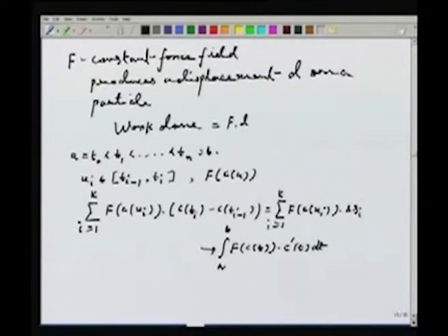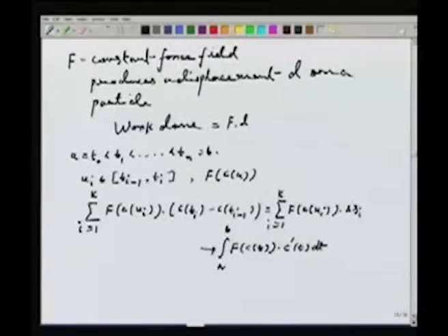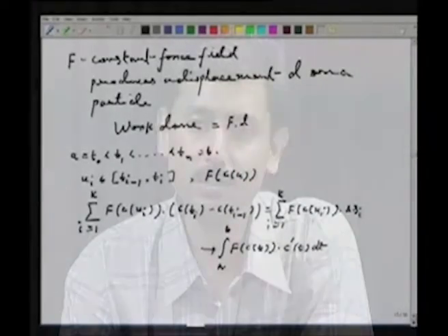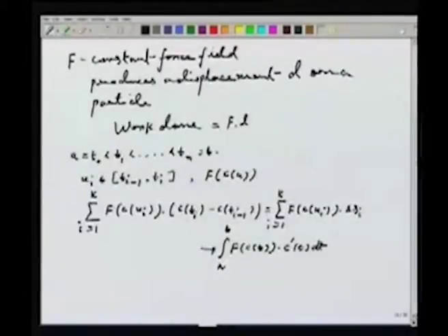It can be shown, but the proof of that is beyond the scope of this lecture, so we are not going to prove it. Let us just assume that this line integral can also be viewed as a limit of Riemann sums. Now using this, let us go back to the question of work done again.